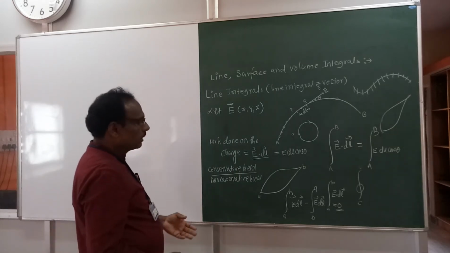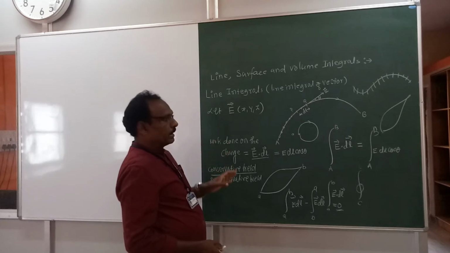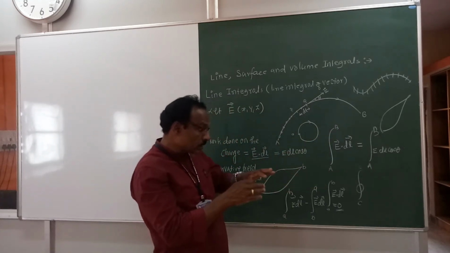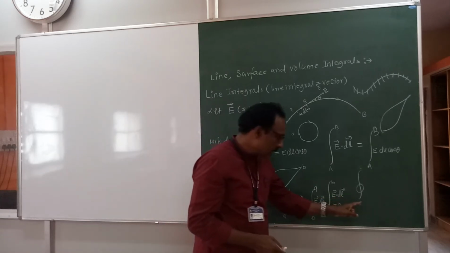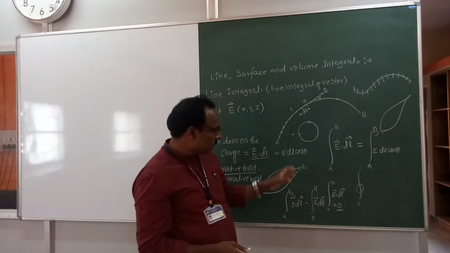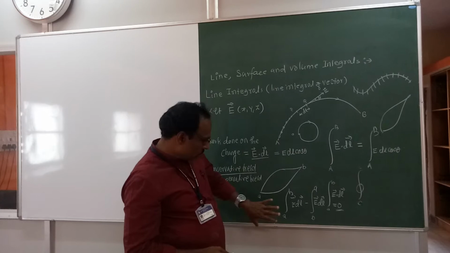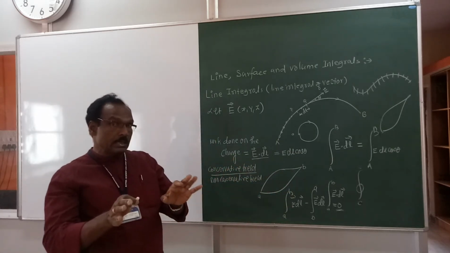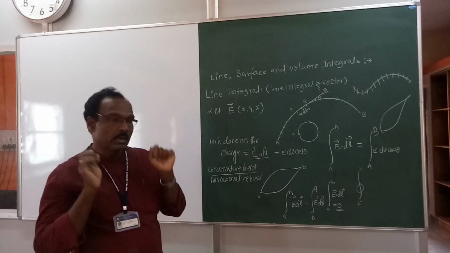So if the line is open, we can write like this. If the line is closed, we can write this. The line integral tells us about which field it is working in.